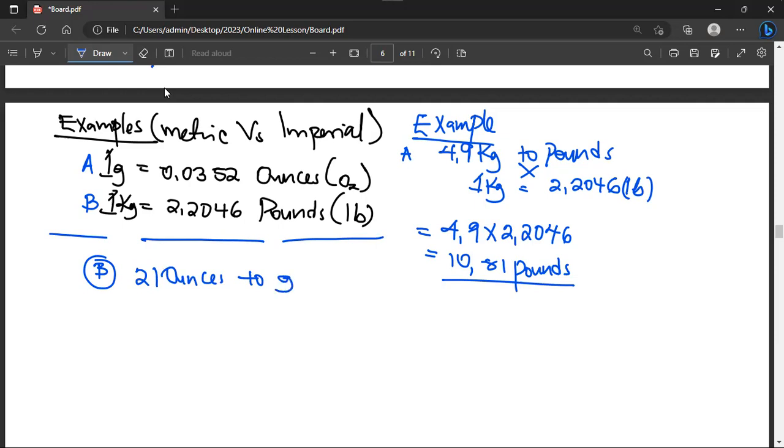So we shall use factor A. But when you look at factor A, it says if you only have 1 gram, you have an equivalence of 0.0352.